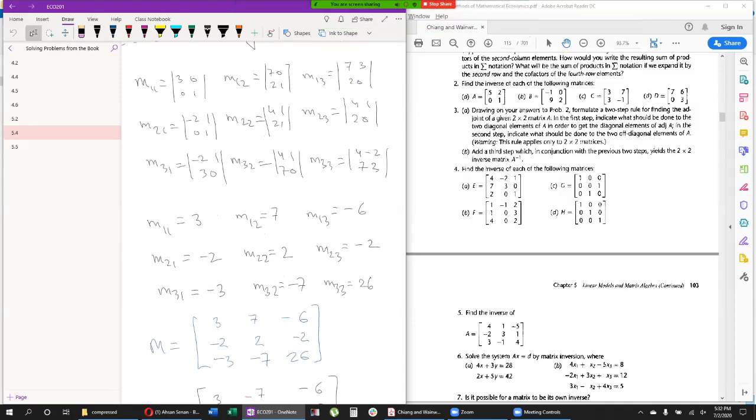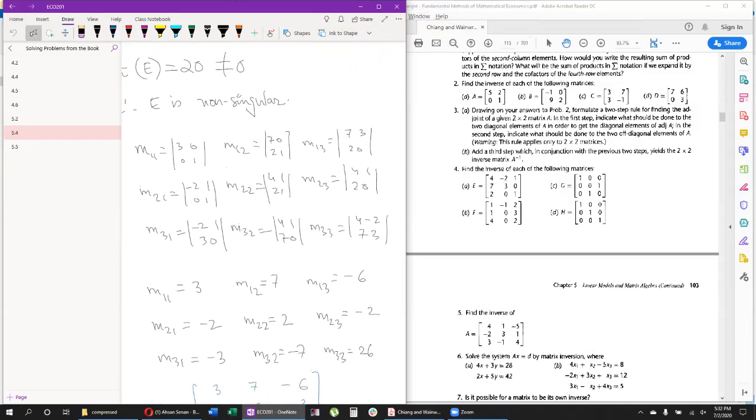Right, guys, so I had actually made some mistakes, which some of you must have noticed. Which was when we were calculating M23, that is 4 and minus 2.